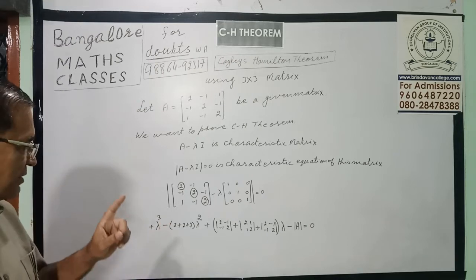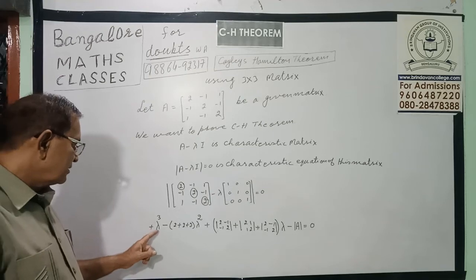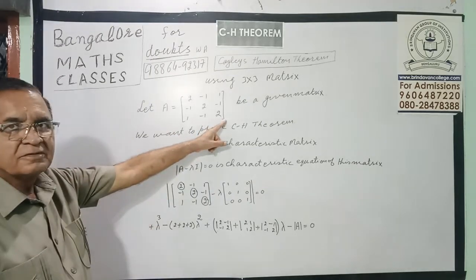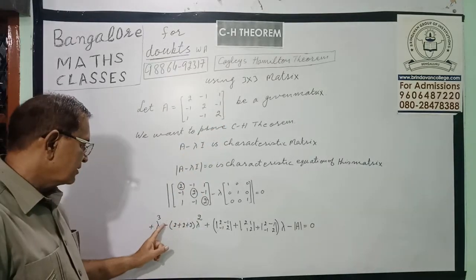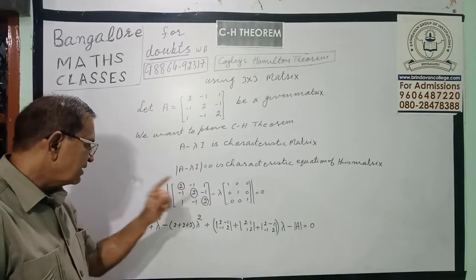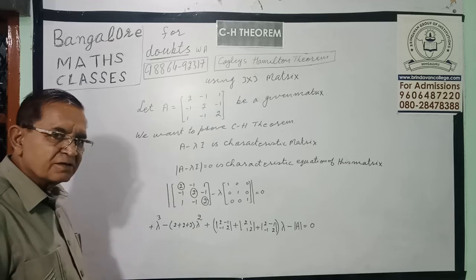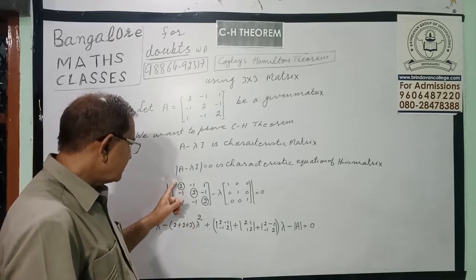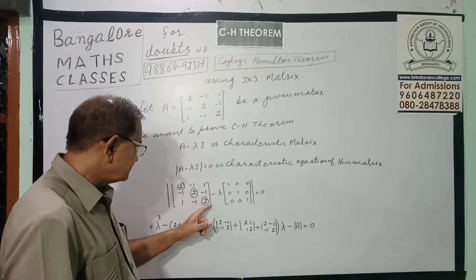See how I have written it, I am explaining it once again. Lambda to the power of whatever the type is, here the power is 3, minus the sum of the diagonals times lambda square, plus the sum of the minors of the diagonal.